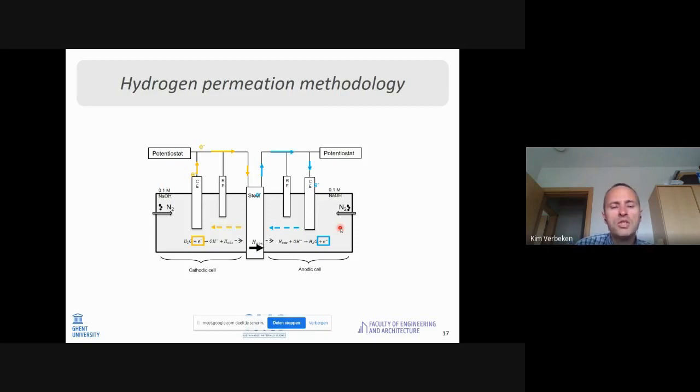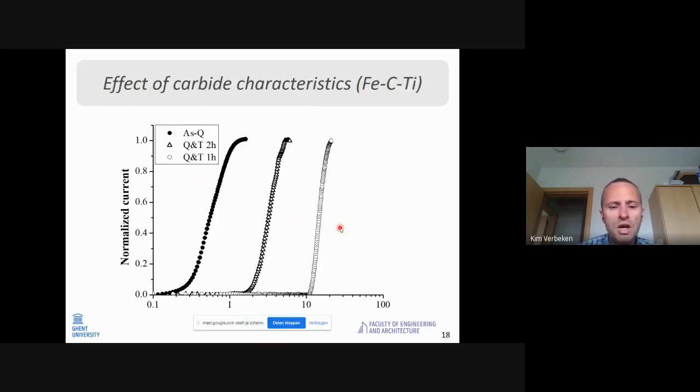Now, here I show you some results of this technique, and we tested different conditions for the same material. I already mentioned in the beginning of my talk that the presence of carbides is very typical and potentially beneficial for hydrogen embrittlement.